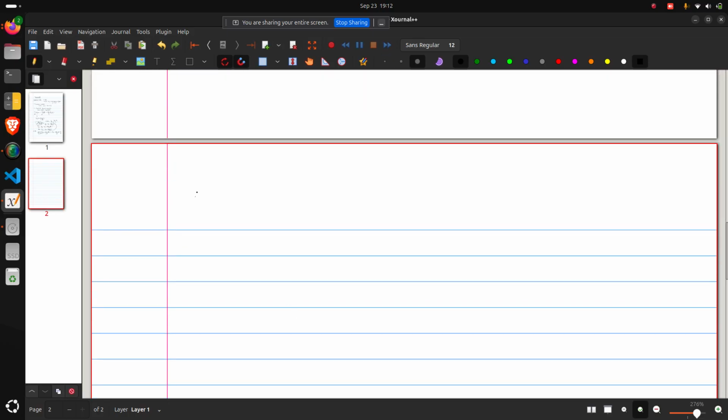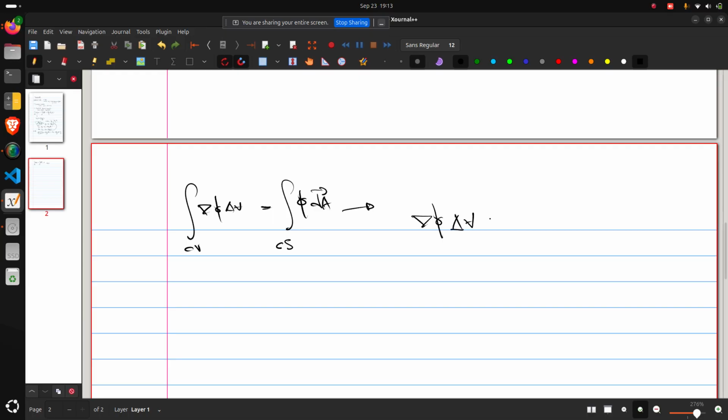So just to give an overview of the problem. First we started with a control volume integral of the gradient of phi delta v, which was converted into a surface integral of phi dA, and the discrete form was something like this, right? Phi at all the cell centers, at 0, 1 and 2 whatever, times the volume is nothing but the summation over all the faces of phi f and AF.